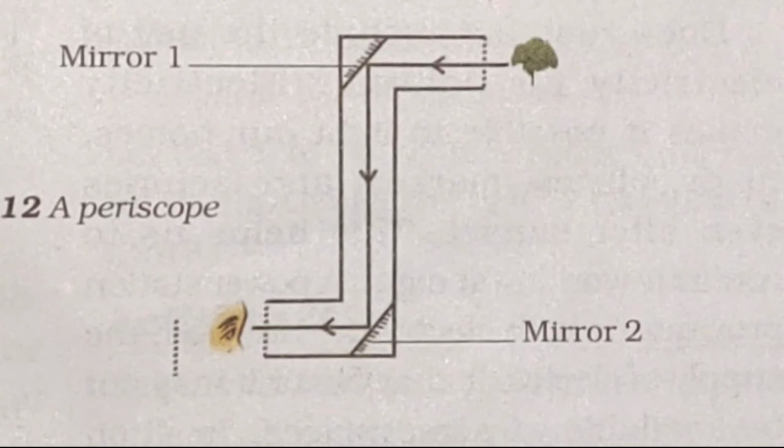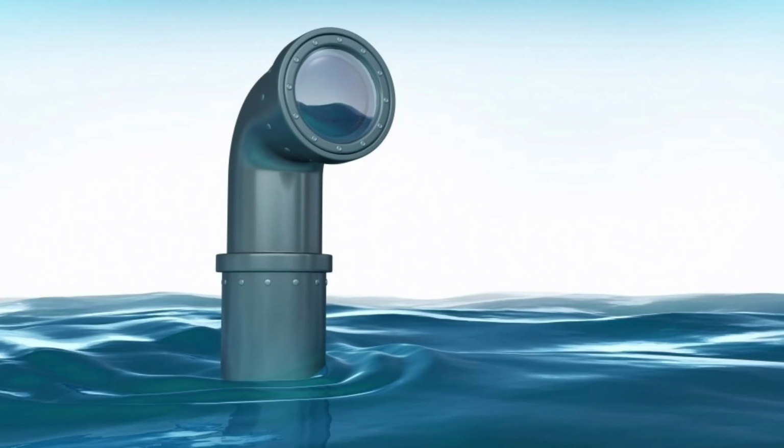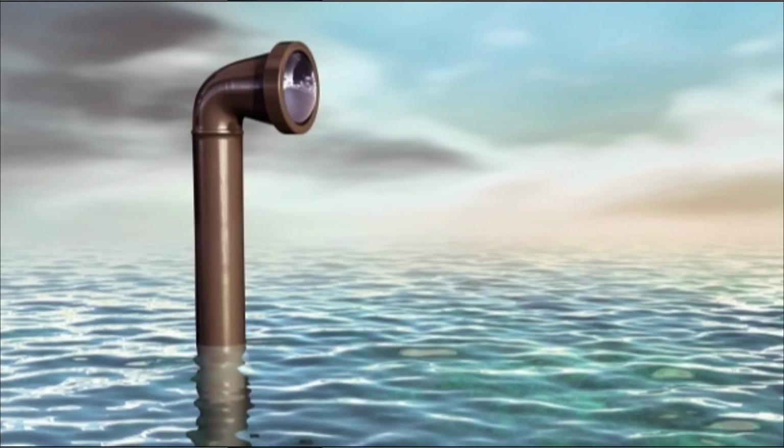In the periscope, two mirrors are set up in two corners in such a way that the light enters from one end of the periscope and gets reflected by one mirror. Again, we know that light travels in a straight line.